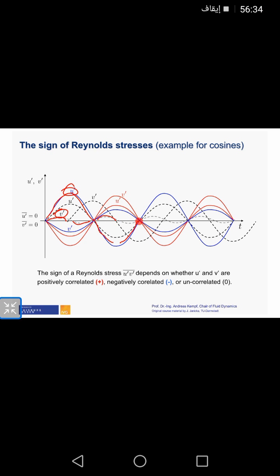Negative contribution and positive contribution. We also have no Reynolds stresses if the quantities are just completely uncorrelated. If the two are completely independent, so the one being a sine curve and the other one having nothing to do with it, with a very different frequency content.